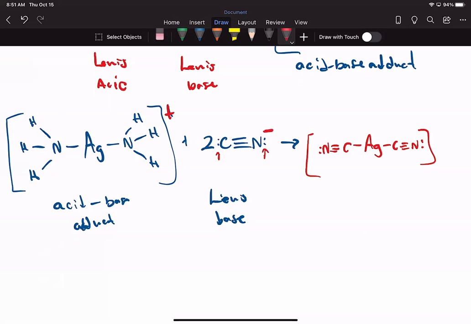I have two that are negative, so my new acid-base adduct has a negative charge. So I now have a new acid-base adduct from that reaction. So when we look at these, we can promote the bonding of another base with these acid-base adducts, with these other complex ions.